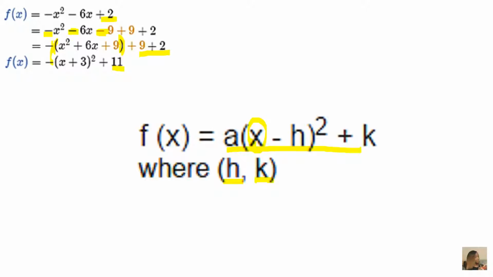And if we make this term a perfect square, it's really the result of x plus 3 squared, okay? So here goes our h term, 3, and here goes our k term. It's 11, all right?